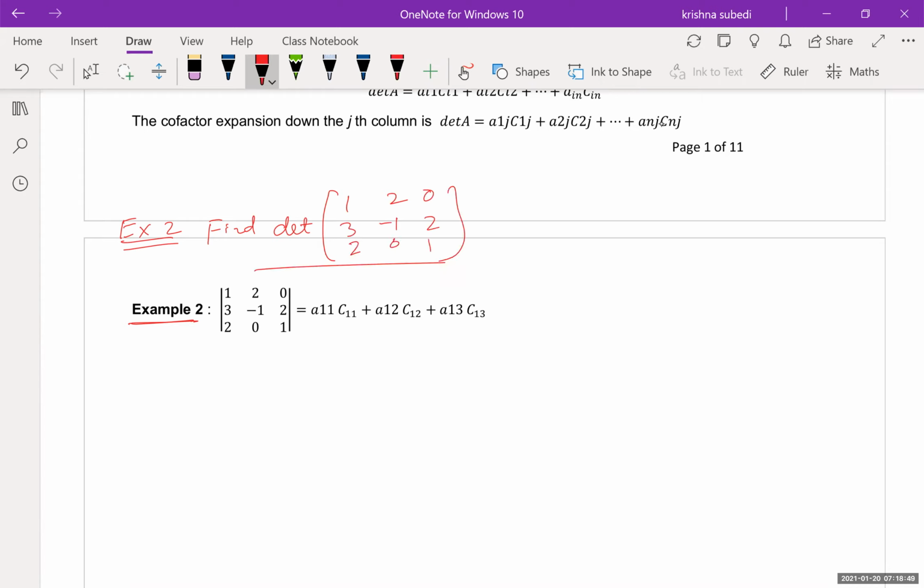You can write it this way too. If you write the matrix symbol, then you must write the word determinant. If you just write the vertical lines, done. Now for this one, let us use the cofactor expansion to find the determinant. So first of all, let us calculate the cofactors.